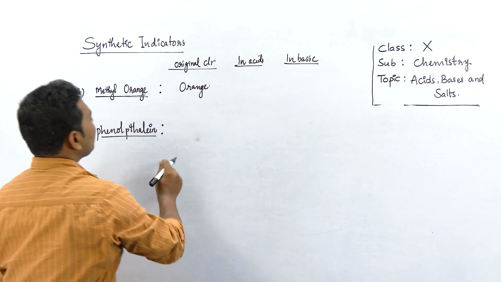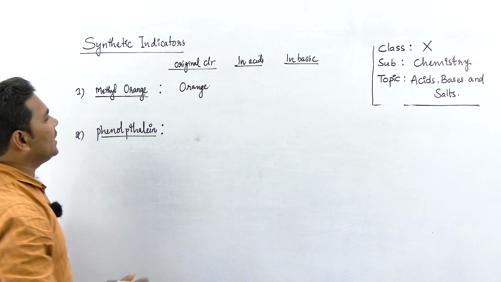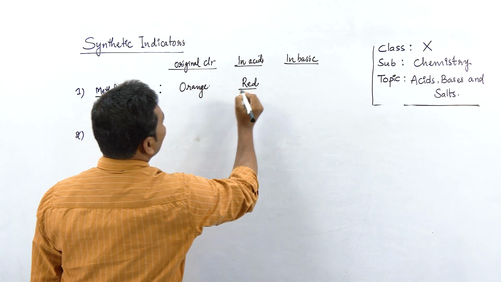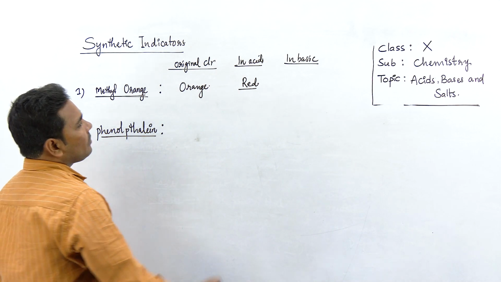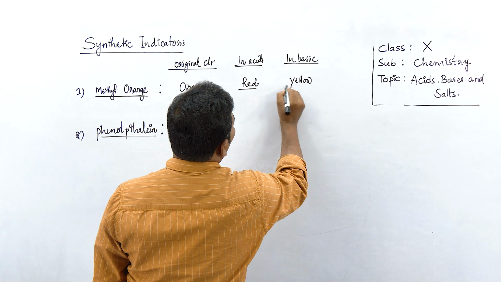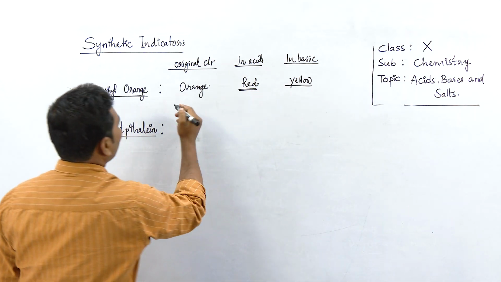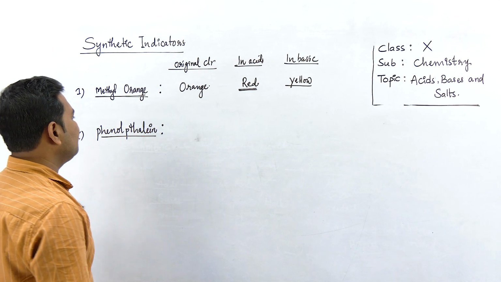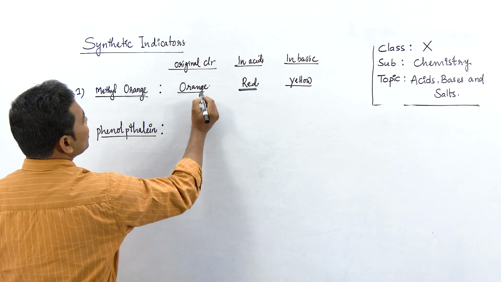In acids, it turns to red color, and in bases it turns to yellow color. Its original color is orange.